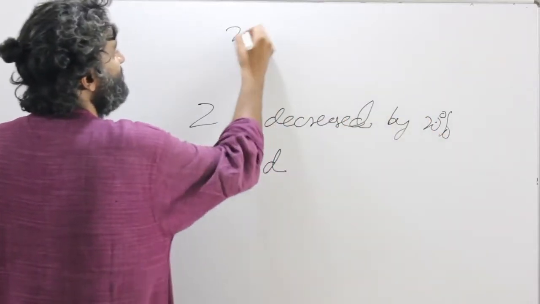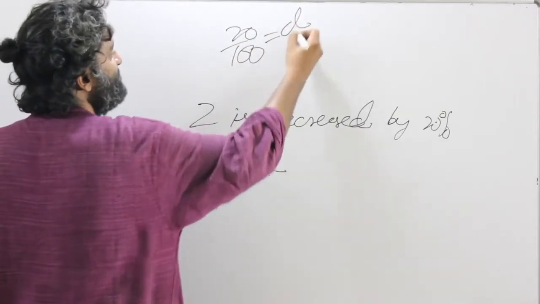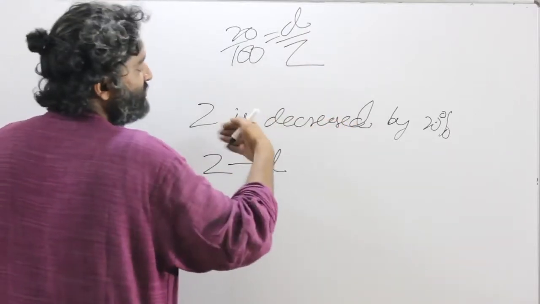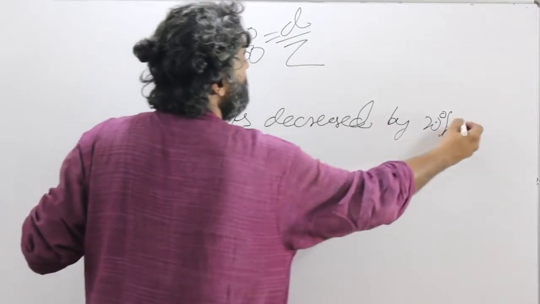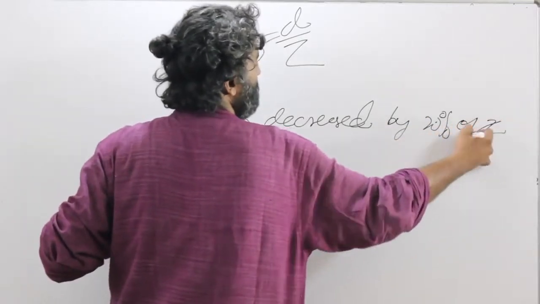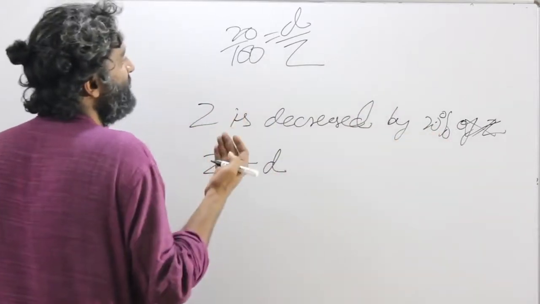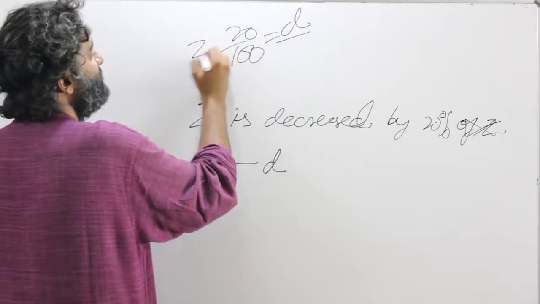That means there is a relationship between 20 and 100, and the same relationship exists between the decreased amount and Z. Actually the fuller statement would be Z is decreased by 20% of Z, but often this is not mentioned. It is just assumed that we're talking about the same base here. So this value once again would be 20 by 100 of Z.